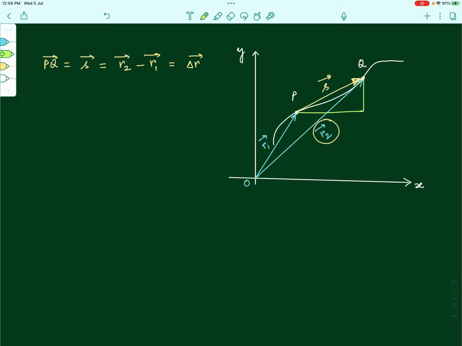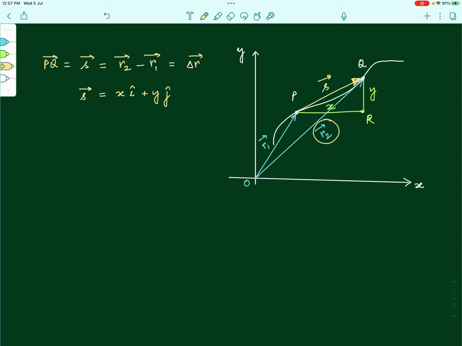Let's call this point R. Then if I consider the length PR as some x and the length QR as some y, see that the vector S then can be written as x i cap plus y j cap.